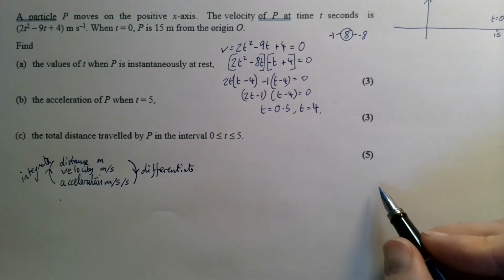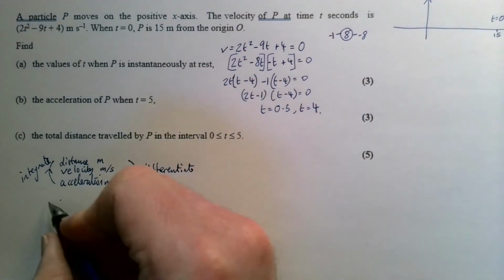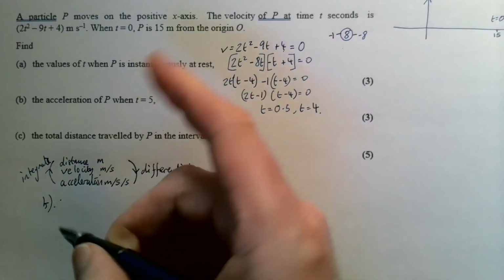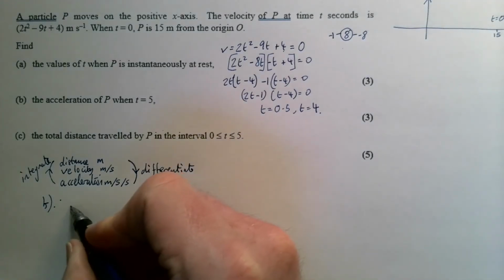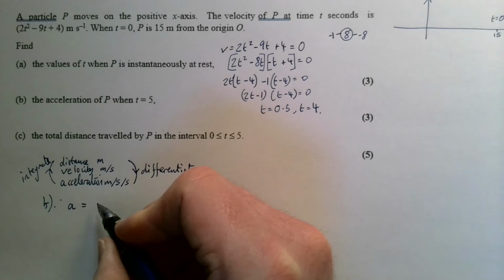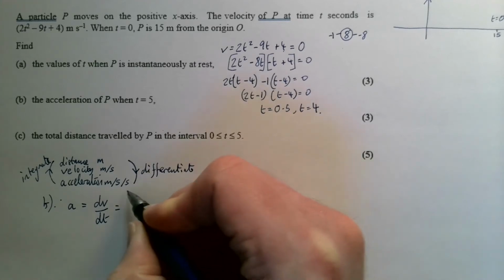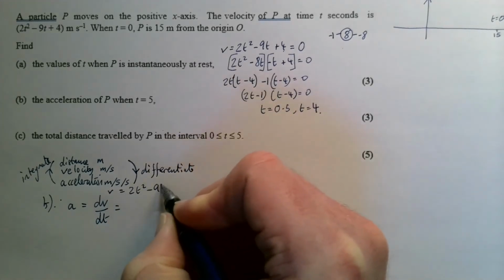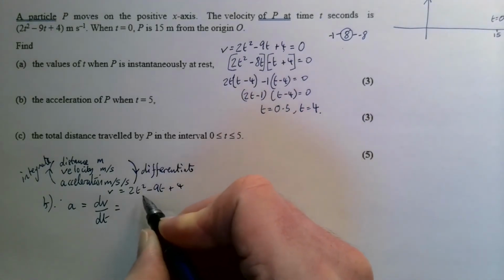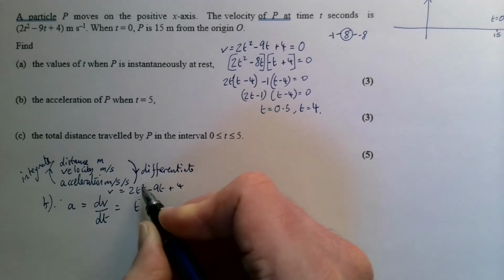So to find the acceleration we need to differentiate that. So if I say acceleration equals dv by dt, then if I've got v equaling 2t squared take 9t plus 4, I'm going to take 1 from the power.